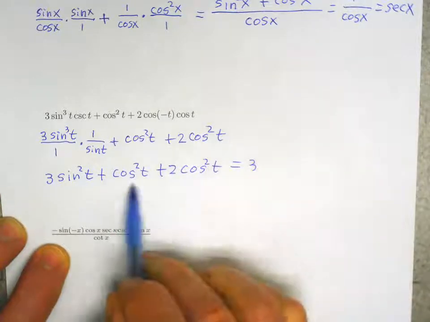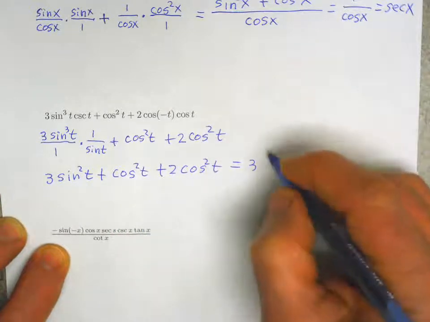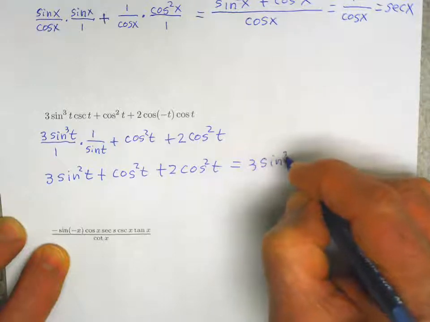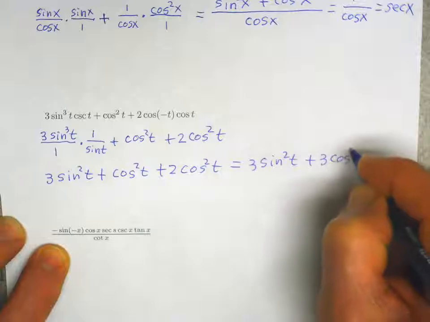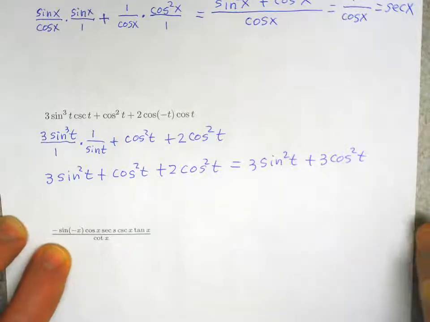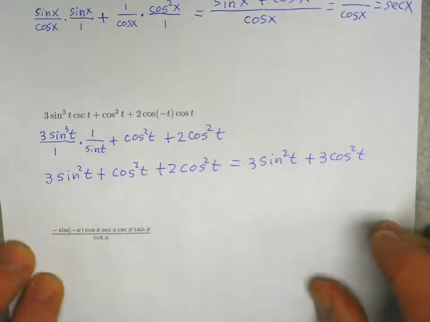And we can combine these, and we can write 3 times sine of t squared plus 3 times cosine of t squared. And you all know what that's going to be equal to.